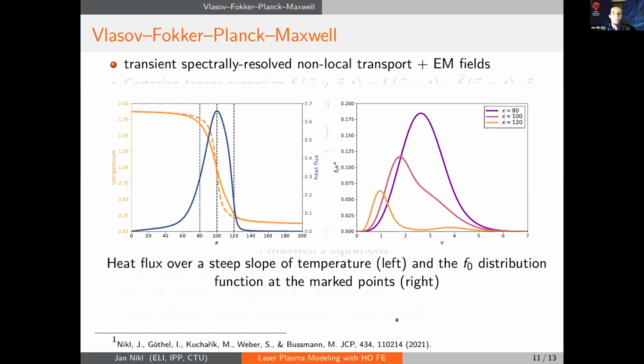But if we want really transient and spectrally resolved non-local transport, even with non-local fields, we need to use something even a bit more advanced, and that's the Vlasov, Fokker, Planck, Maxwell. We may then solve even such a problem as heat flux over such a steep slope of temperature, where you may see that the distribution function is strongly deviated.